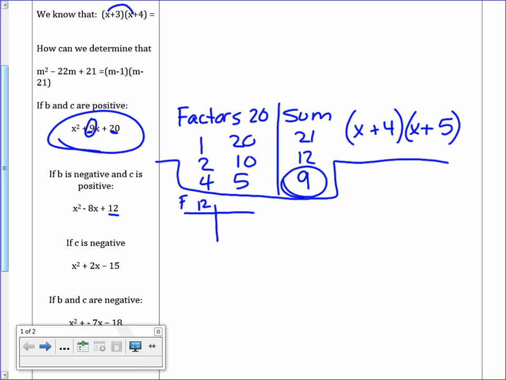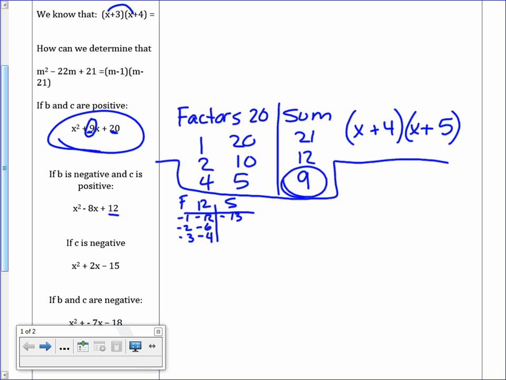So this is what I would figure out. My factors of 12 are negative 1, negative 12; negative 2, negative 6; and negative 3, negative 4. So let's sum these numbers. The sum of negative 1 and negative 12 is negative 13. That doesn't work because I'm looking for negative 8.